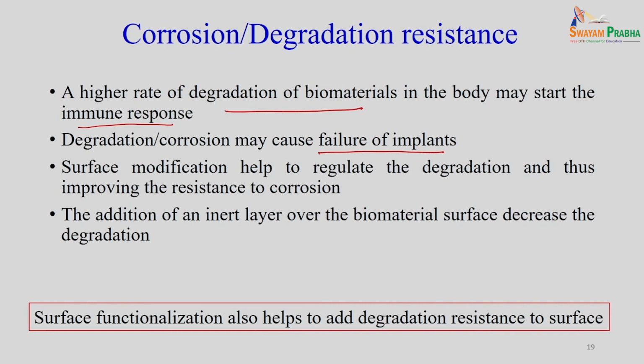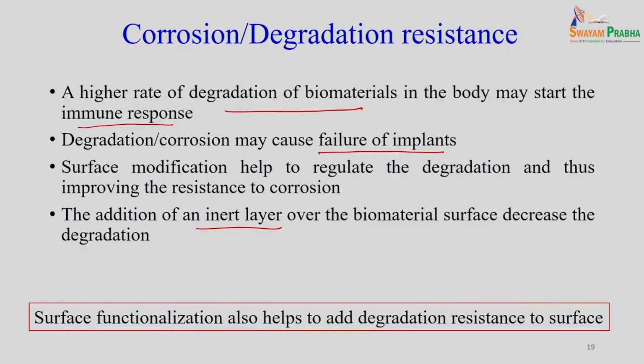So, we have to go for surface modification to regulate, or you can say control, the corrosion or the degradation. So, particularly we add some inert layer. That inert layer interferes with the contact of the surrounding environment with the outermost surface to retard or slow down the rate of degradation or corrosion.